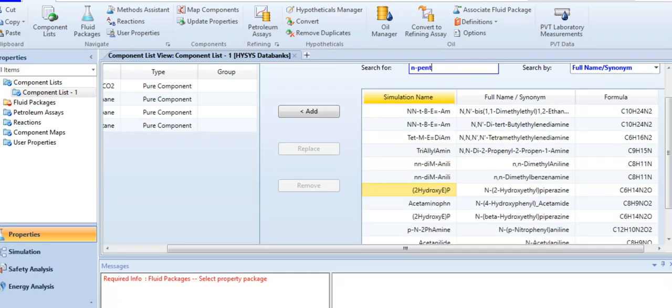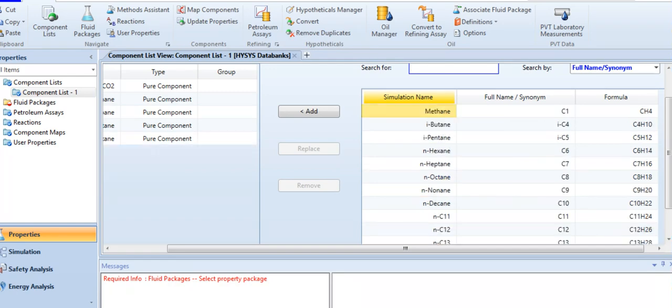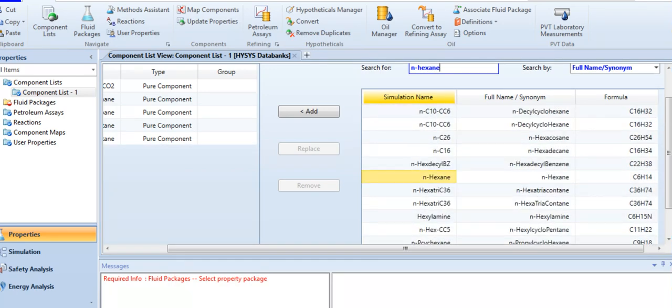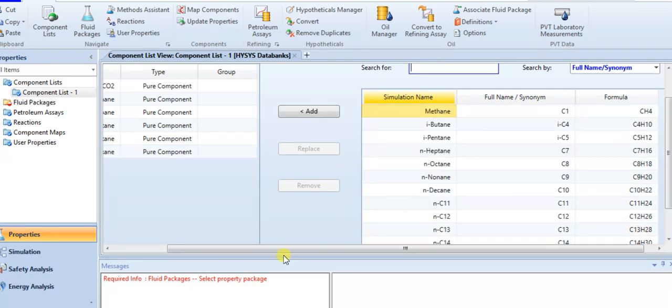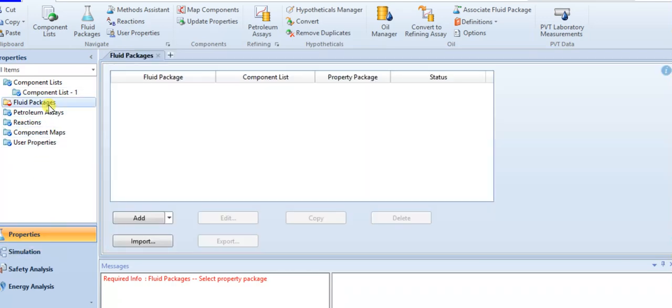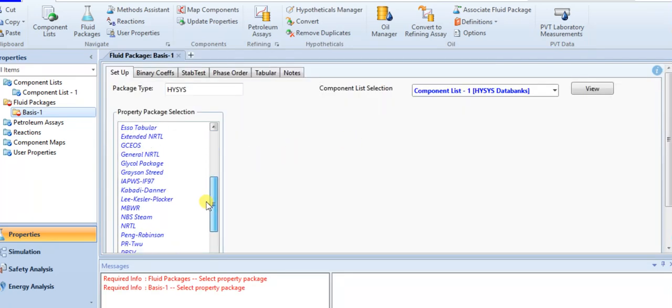So I have added all the components, all hydrocarbons. So we'll use the Peng-Robinson fluid package.